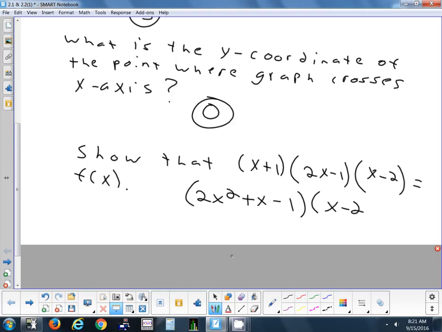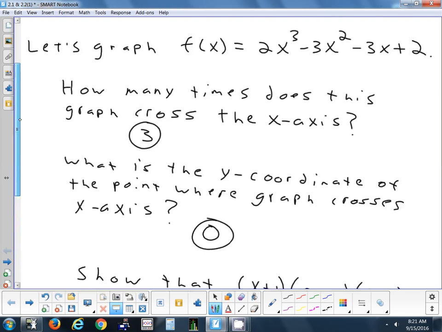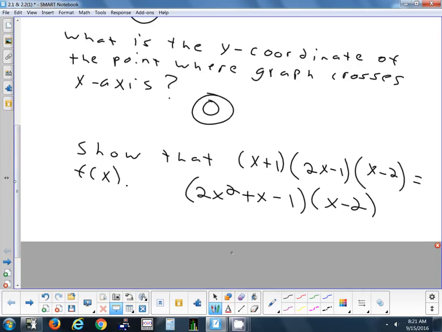That's what I get when I distribute the first two. Now I need to distribute the last one, and hopefully I get what I have up above. So we get 2x cubed plus x squared minus x minus 4x squared minus 2x plus 2.